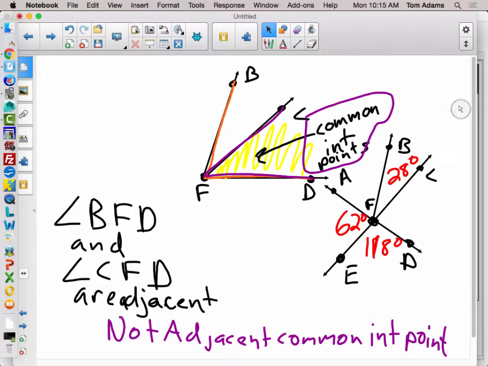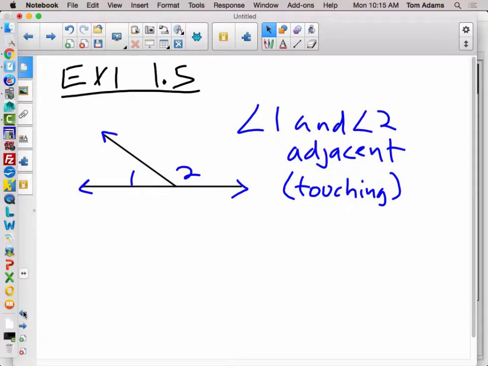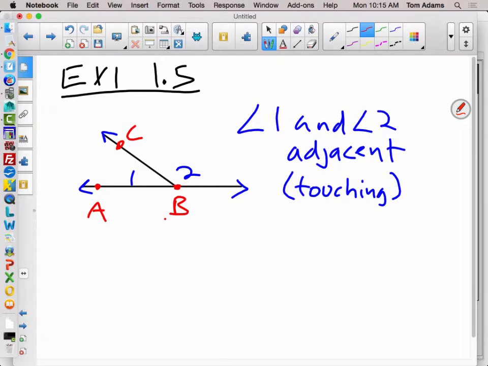So if we go back to our definition of an adjacent angle, I loosely and informally defined it as two angles that kind of butt up to each other. In other words, they share a similar endpoint. But if I were to label this A, B, C, and then this last one D, I would have the angle ABC, and then the adjacent one, which would be angle 2, would be angle CBD.